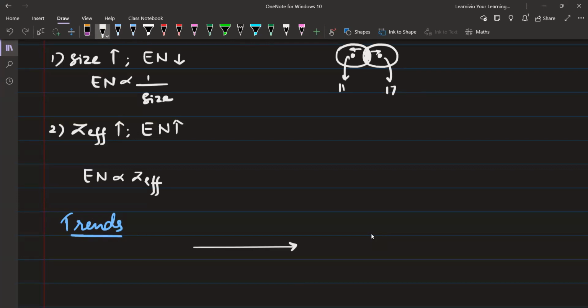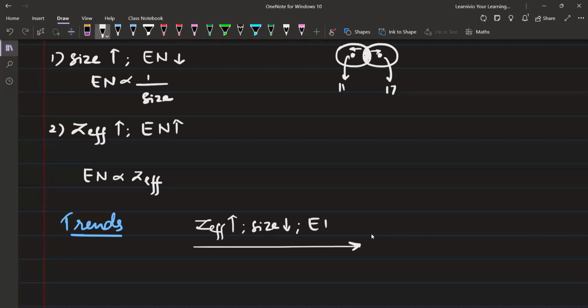As we go across the period, the Z effective increases, the size decreases, therefore electronegativity is going to increase.